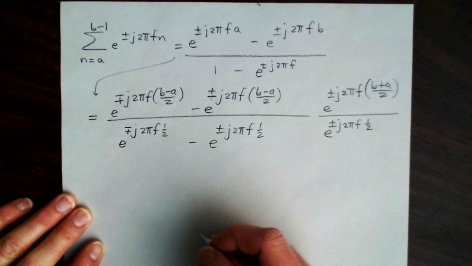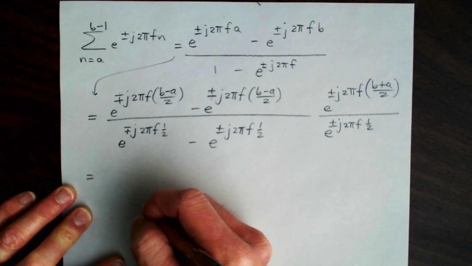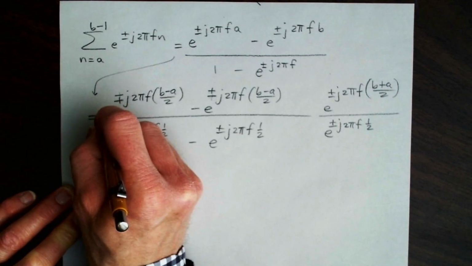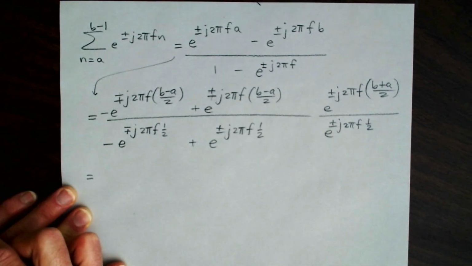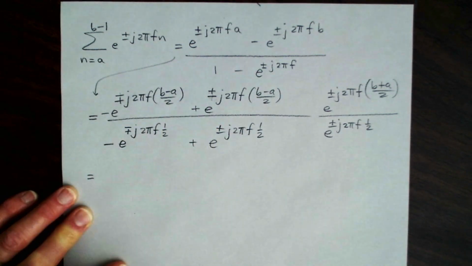All right. The next step is I'm going to multiply top and bottom by -1. That fixes things up so that we have the correct form for our sine functions.